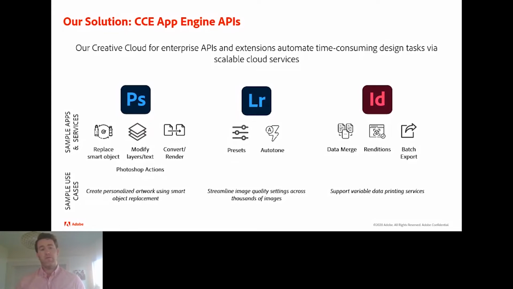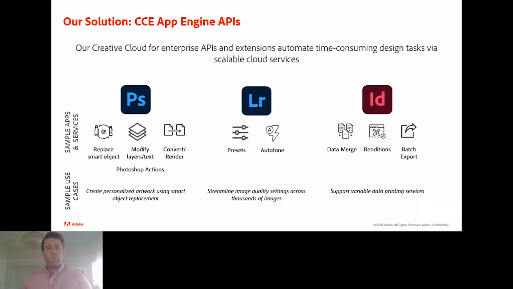And we can also help you render or convert that PSD to a JPEG or PNG. So a sample here would be being able to create personalized artwork using, again, that smart object replacement so that users can come in and replace that object that's already in there or been created by the designer really seamlessly and easily. And because it is cloud APIs, you can do this at scale very easily.